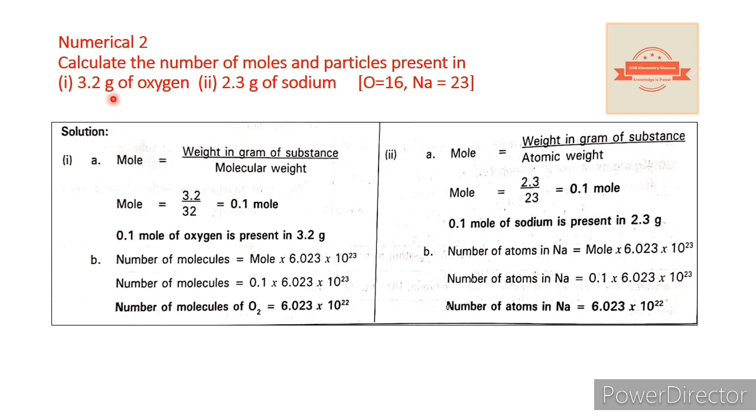Numerical 2. Calculate the number of moles in 3.2 gram of oxygen. In the calculation of number of moles, here we take molecular weight of oxygen and not atomic weight.